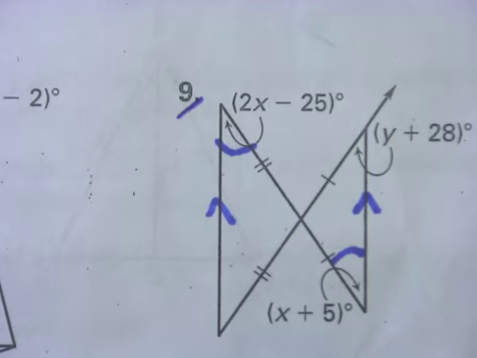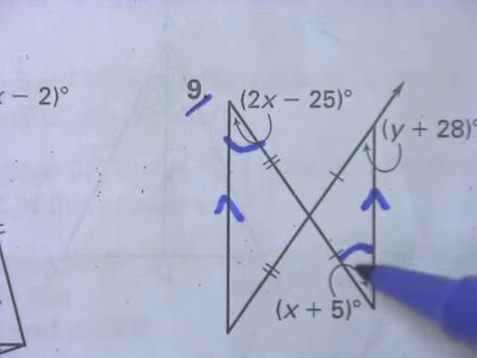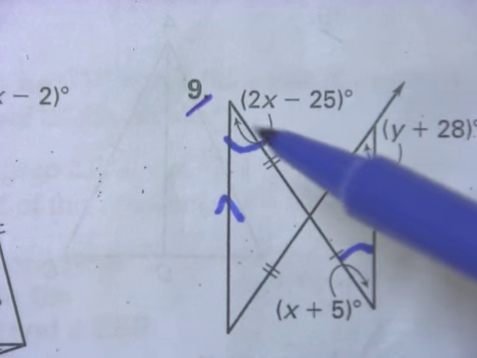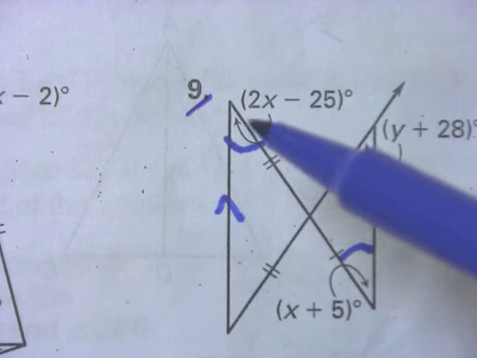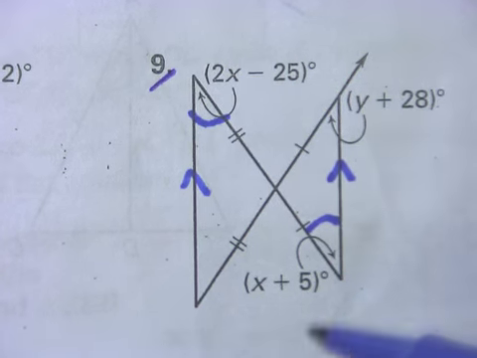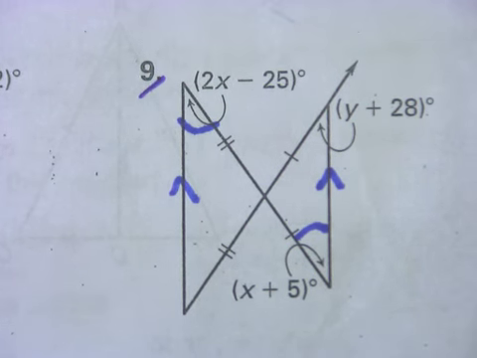So I know that x is equal to 30. And again, the only way that I was able to do this equation is if they would have told me that these two lines here are parallel, and as a result, making these two angles here alternate interior angles. This is my transversal. These angles are on different sides of the transversal, and they're inside the parallel lines. If you remember, those are alternate interior angles.